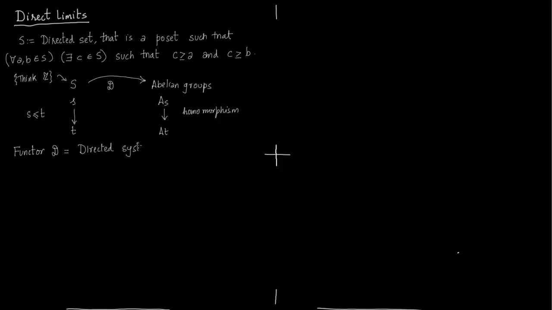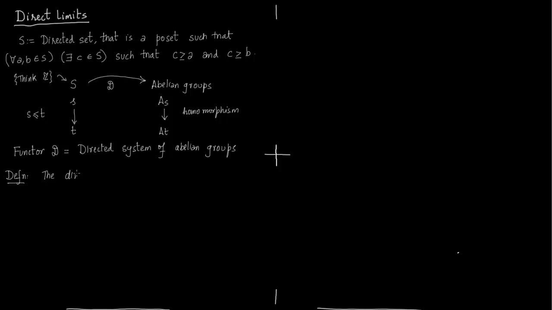You just had a bunch of abelian groups, and then you put an order onto them. For example 1, 2, 3, 4, and then you put the order onto abelian groups A1, A2, A3. You had a bunch of morphisms between them. So from any abelian groups and their morphisms, you made a directed system out of it. So you now have a system.